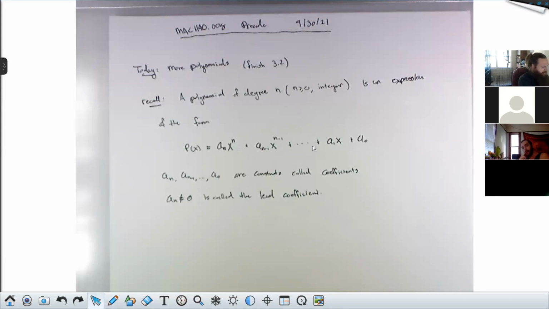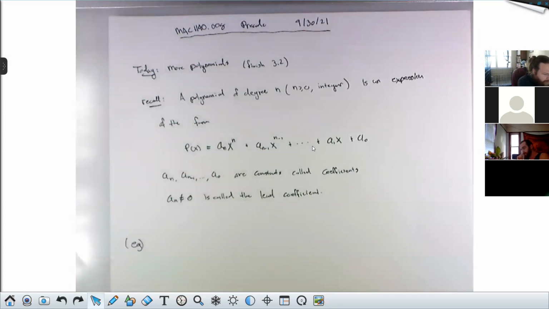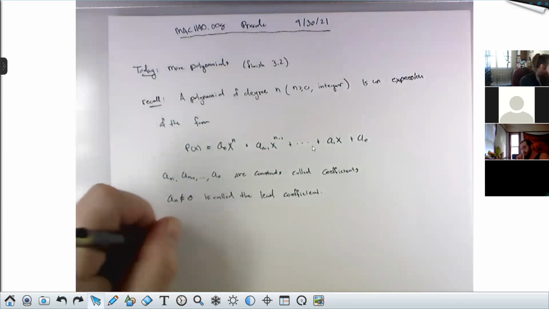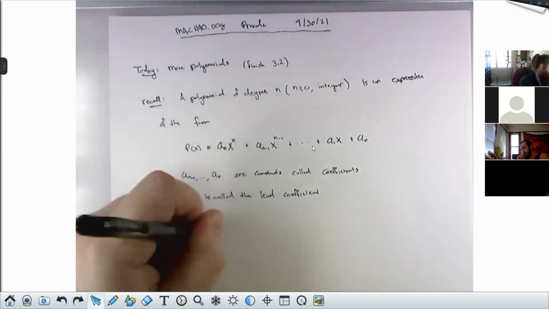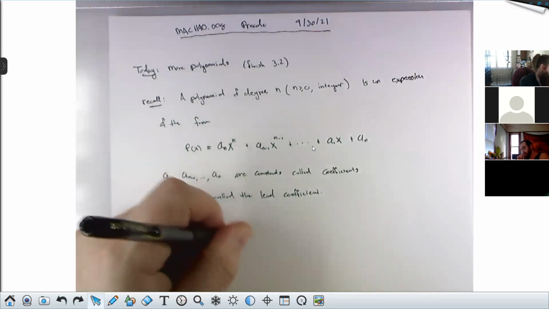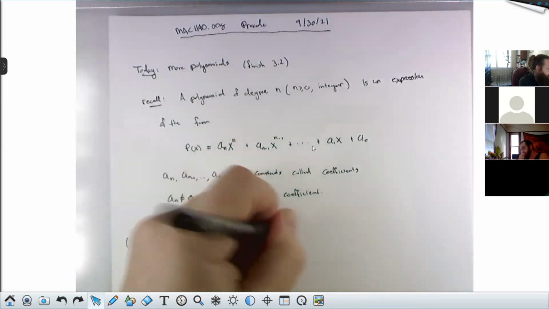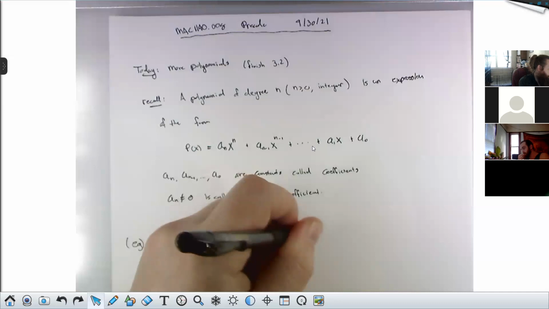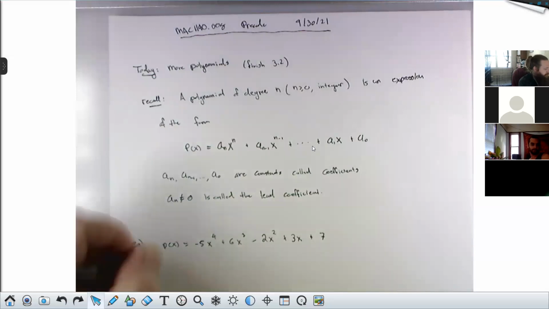So, some examples, right? If I have something like, doesn't matter, p of x equals negative 5x to the 4 plus 6x cubed minus 2x squared plus 3x plus 7. This would be a polynomial of degree 4.